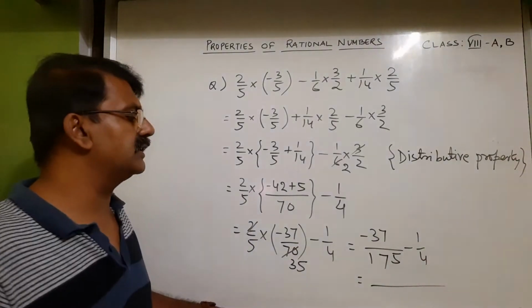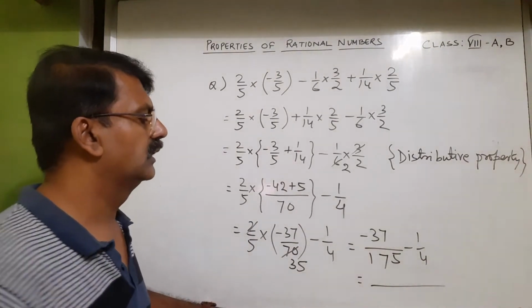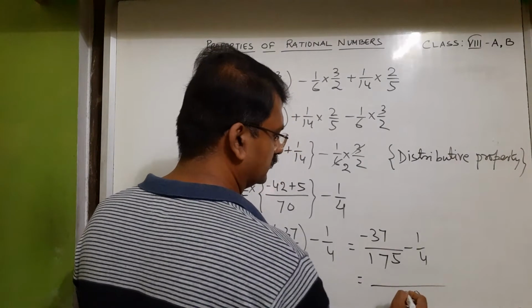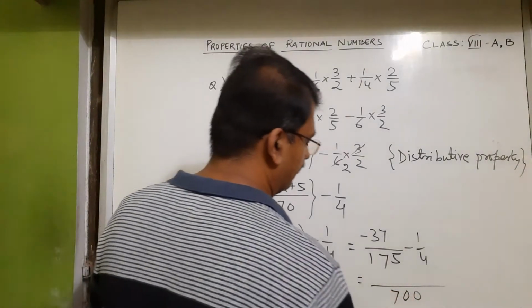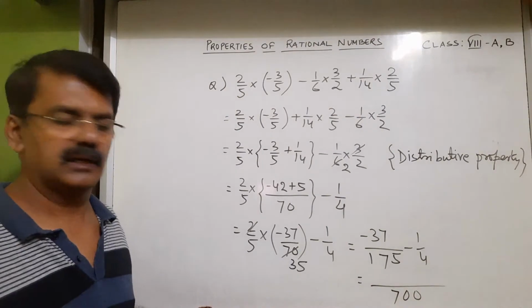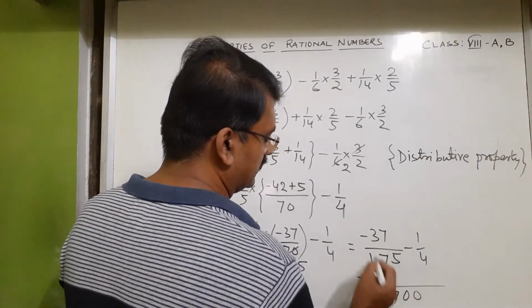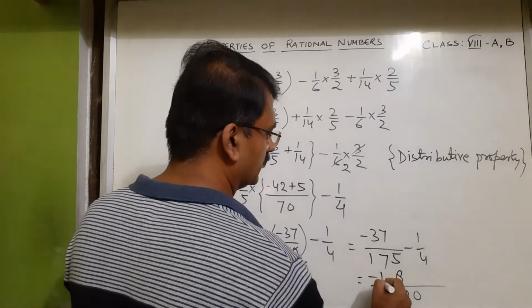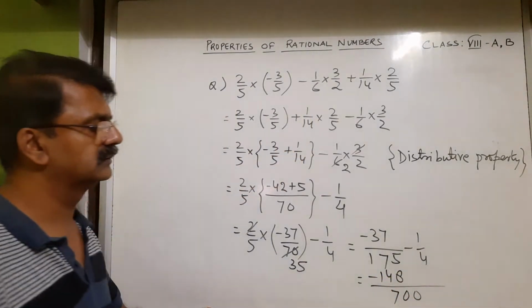Now 175 and 4, the LCM will be 700. So it is 148.